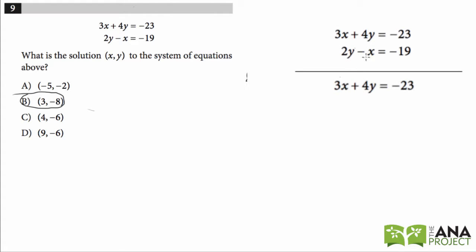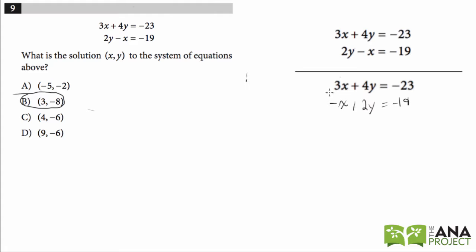So instead of 2y minus x, I'm going to put negative x plus 2y. So the variables line up with the equation above. I'm just rewriting the first equation, 3x plus 4y equals negative 23. But here, I'm putting the negative x first so it lines up with the x here, and then plus 2y. So this 2y lines up with 4y equals negative 19.